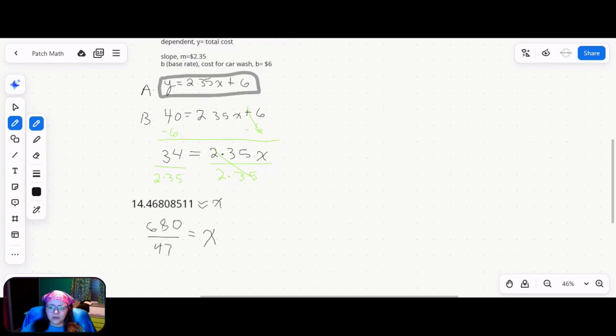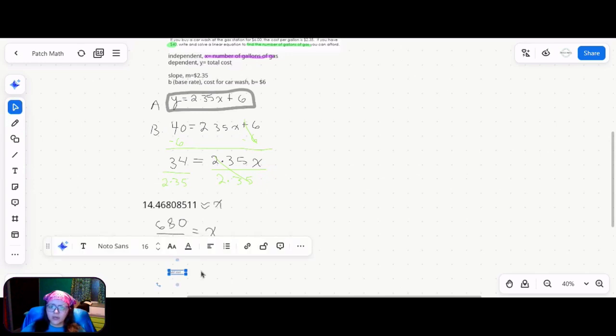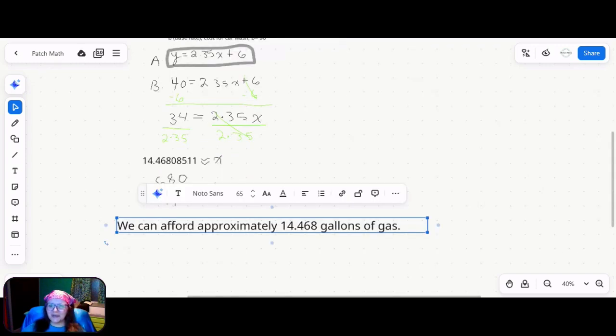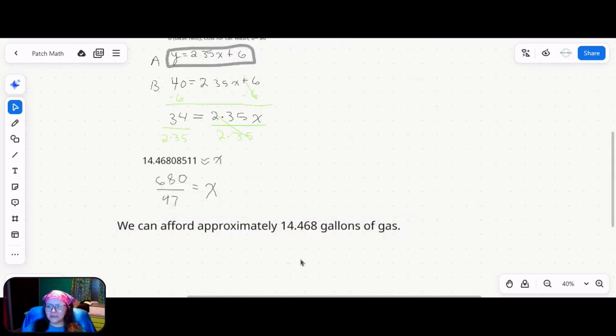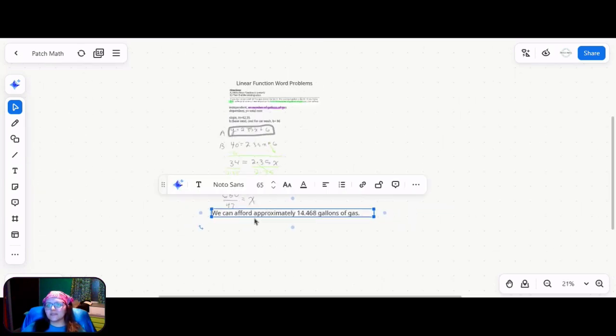And there we go. There are the two commonly acceptable forms, but we are going to want to write our answer in the form of a sentence. And there you go. We can afford approximately 14.468 gallons of gas. Answering part B.